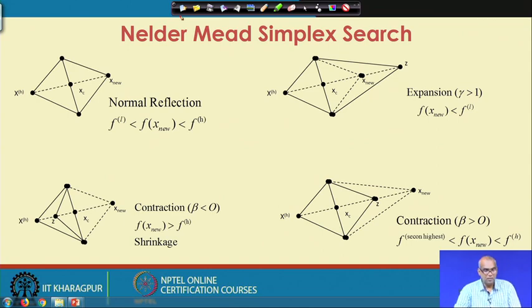So, these are the 4 operations, and out of these 4 operations you see that these 3 operations are new, which is expansion with gamma greater than 1, contraction or shrinkage with beta less than 0, and contraction with beta greater than 0. So, these operations introduced by Nelder and Mead lead to a more effective search for multivariable functions.